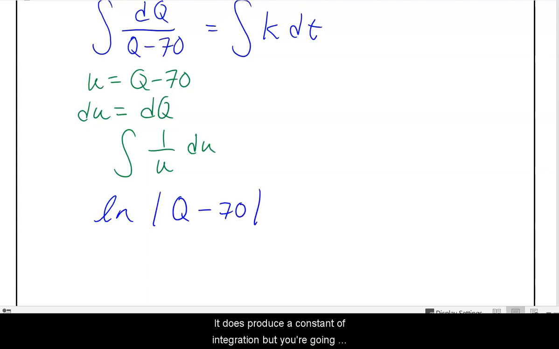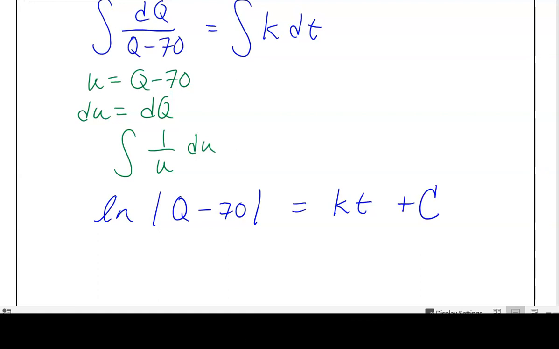It does produce a constant of integration, but you're going to roll it into the side where the independent variable, in this case t, is located. This would give me kt plus some constant, which is really a combination of two constants of integration. Now, could you solve this one for q?